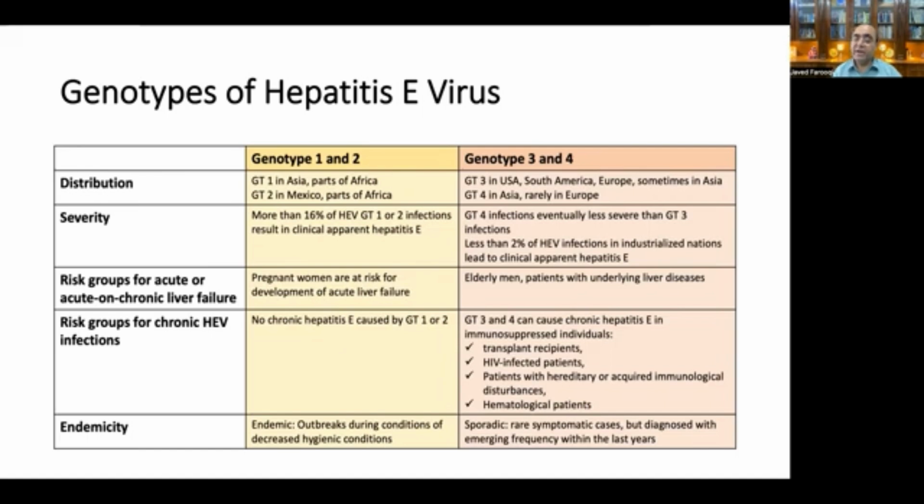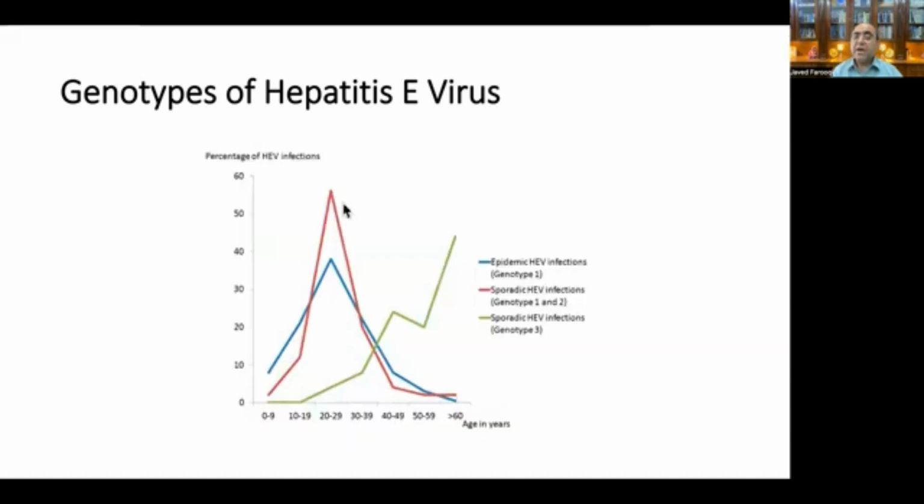So clinically, we can divide these into two groups, genotype 1 and 2 on one hand, genotype 3 and 4 on the other hand. Coming to the age groups, the blue line is the genotype 1. The age group most affected is between 20 and 29 years.